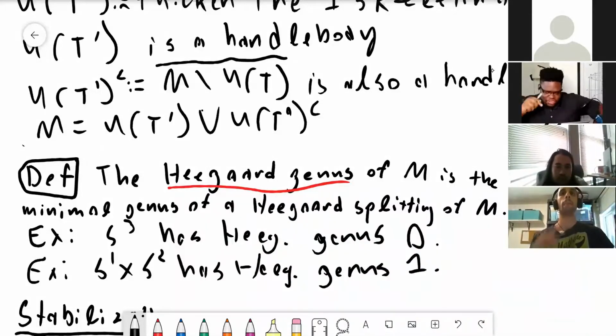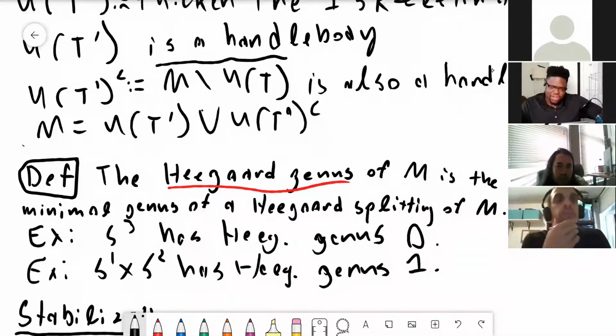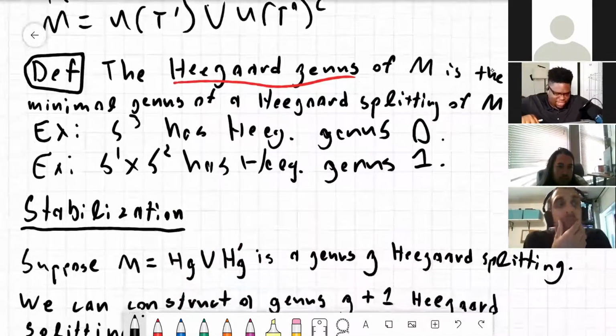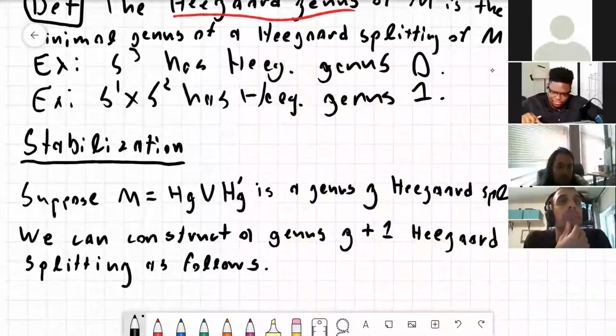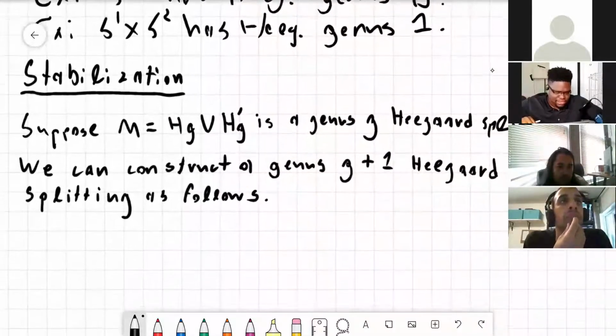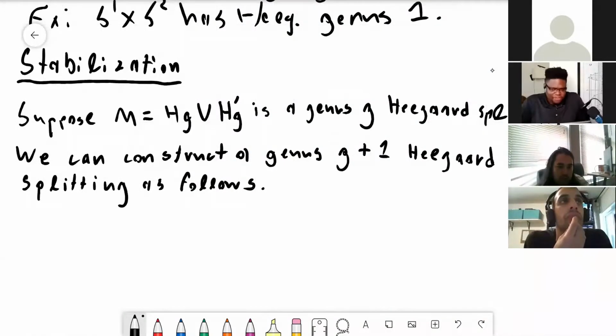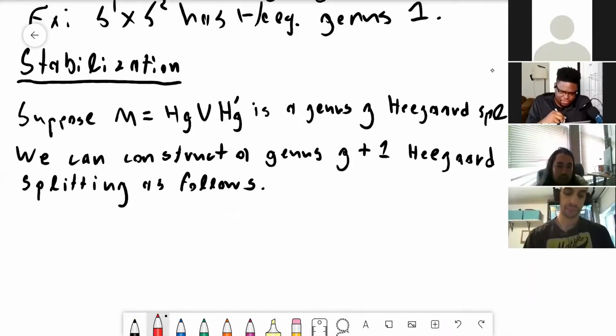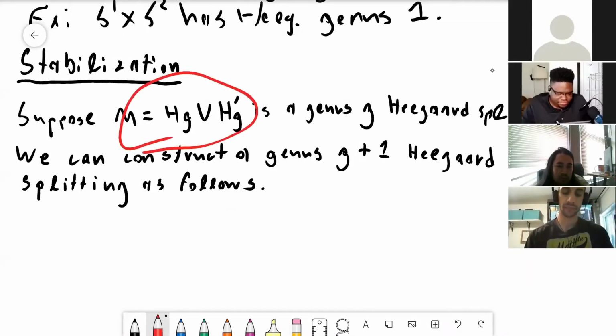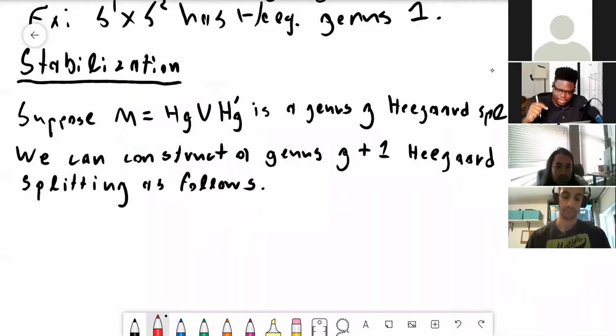So we're going to develop a way to relate two Heegaard splittings of different genus, and the way we do that is this process called stabilization. Suppose that we have a manifold and some Heegaard splitting of genus g, which you can see here. The goal of this section is to construct a genus g plus 1 Heegaard splitting. This is how we're going to do that.